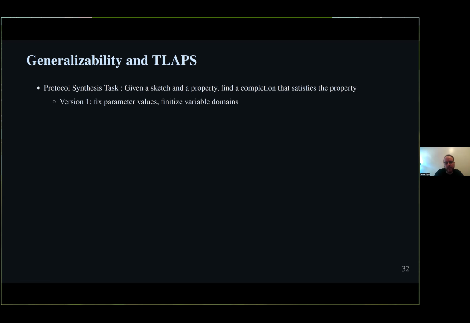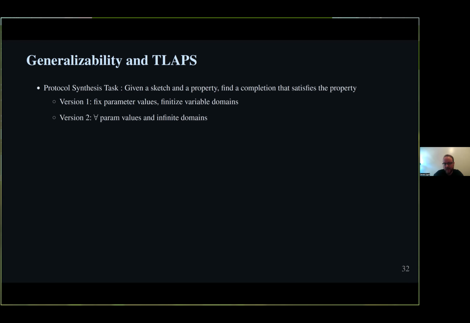In the first version, we're going to fix the parameter values. So just assume, for instance, that there are 3 nodes participating in the protocol. And then if there are any infinite domain variables, we're just going to bound those. We're going to cap them. And then we're going to try and synthesize a protocol that satisfies the property under those assumptions, under the fixed parameter value and under the capped variable domain.